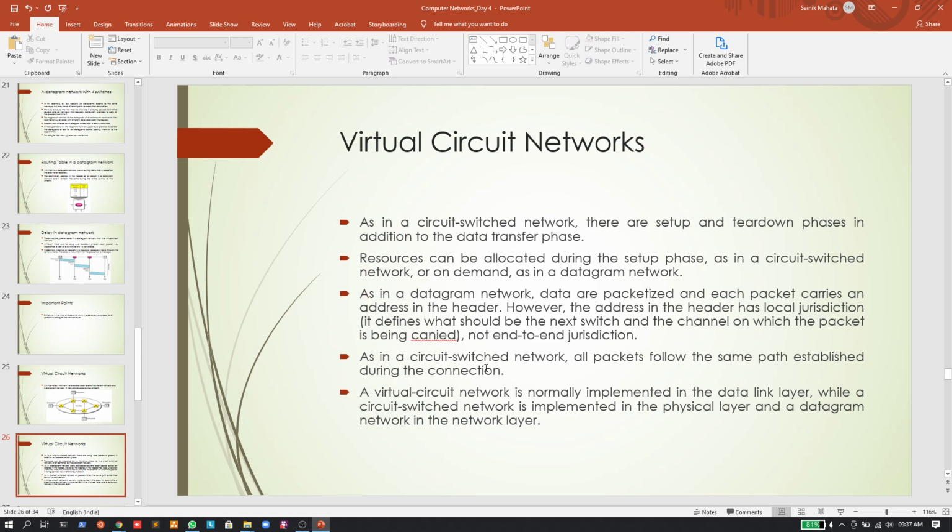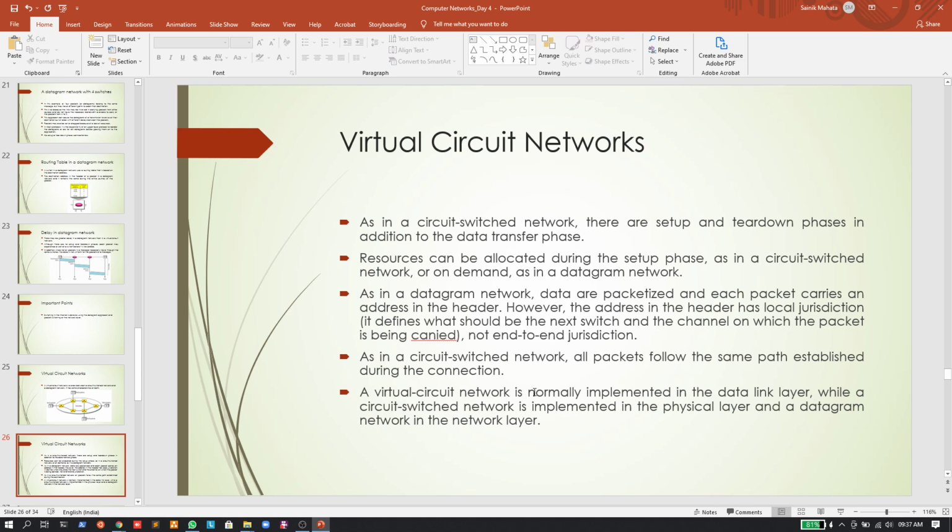Again, as in the circuit switch network, all packets follow the same path established during the connection. If you remember, when we were talking about the packet switch network, we said that suppose 4 packets are being sent from the source to the destination, these 4 packets will not necessarily follow the same path. They may travel through haphazard paths, various paths, and it depends on the destination how it will receive the packets and organize them in order.